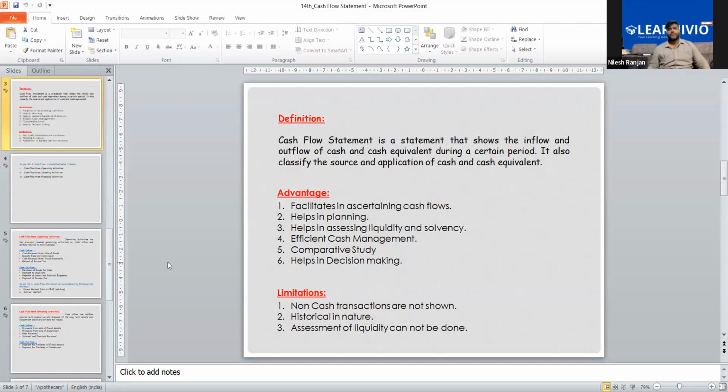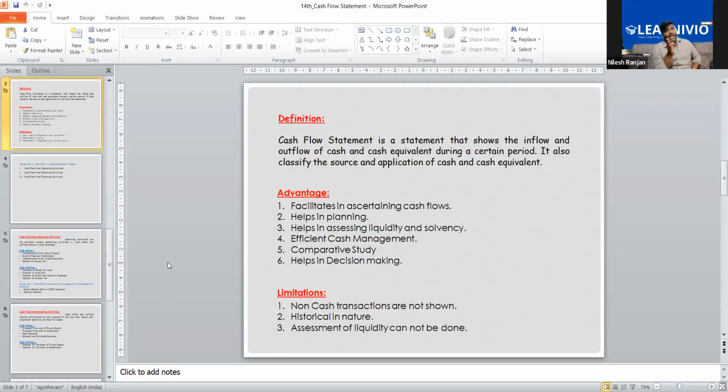The fifth one is comparative study. This is a feature of financial statements: you can compare the previous year data with current year data, and also compare this company's data with some other company's data. So it can be current year and previous year, or one company to another.